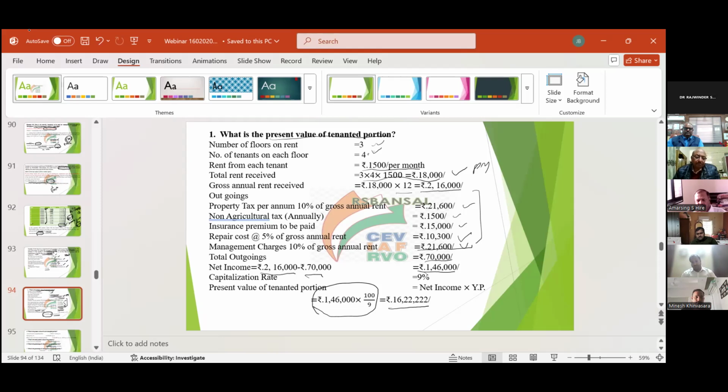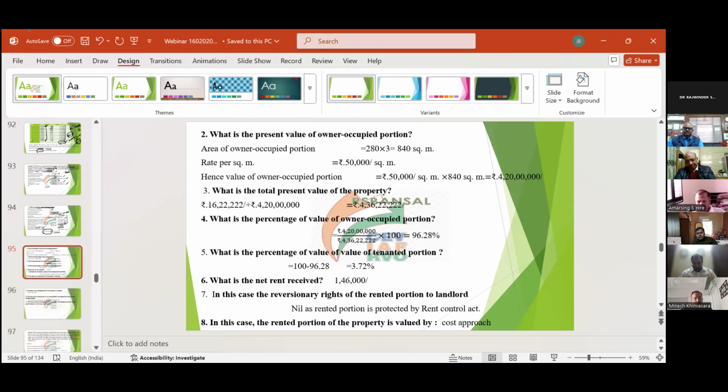But how to calculate the value of the owner occupied portion? That is important. Here you have to calculate the present value of the owner occupied portion. Area for the owner occupied portion is 3 floors, each having an area of 280, and rate per square meter is 50,000.